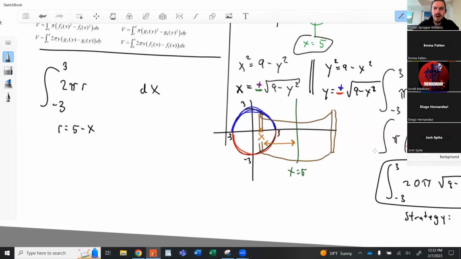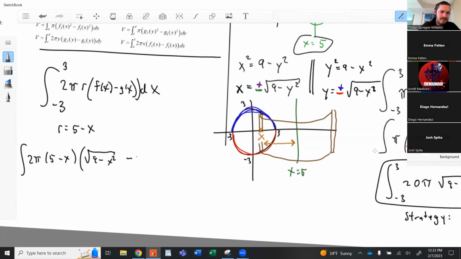And then we want to do 2 pi r times the height, which is our f of x minus g of x, top curve minus bottom curve. Top minus bottom gives the positive square root of 9 minus x squared minus the negative square root of 9 minus x squared.